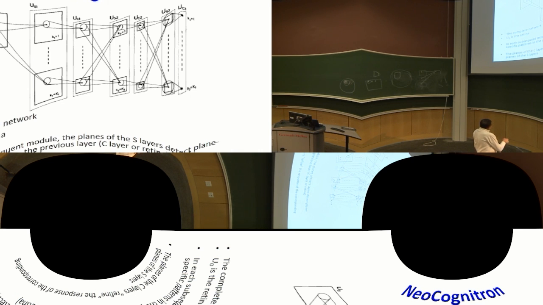So these S cells are plastic. They can be learned. And the C cells, their responses are fixed. And finally, in Fukushima's model, each S cell was looking at an elliptical region in the output of the previous layer. So the one who's looking for my grandmother is simultaneously going to be looking at an elliptical region here, here, and here.